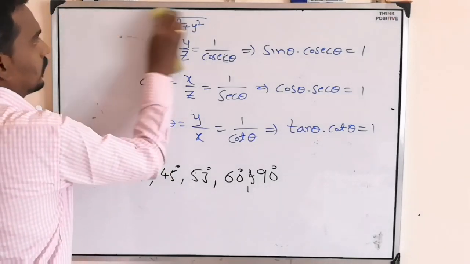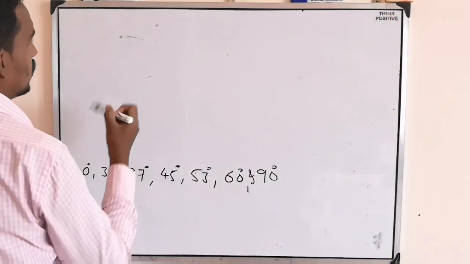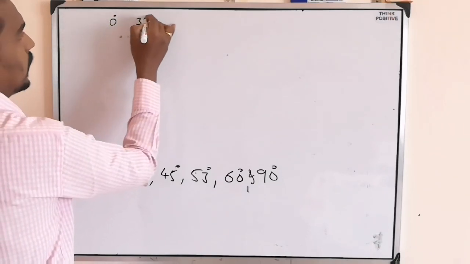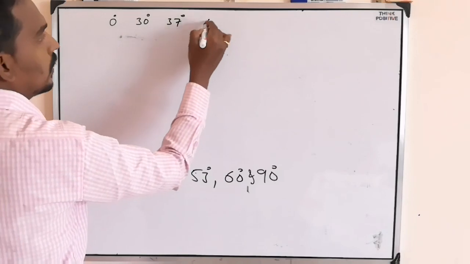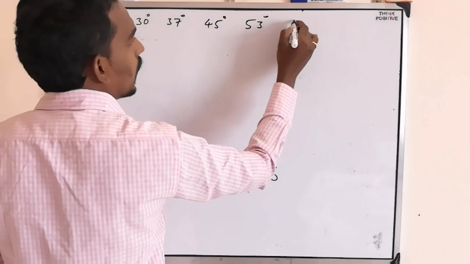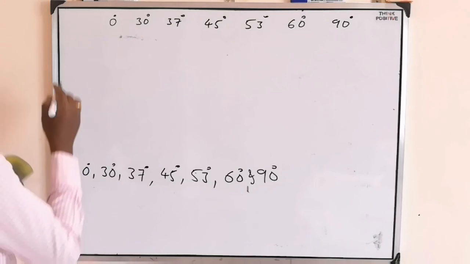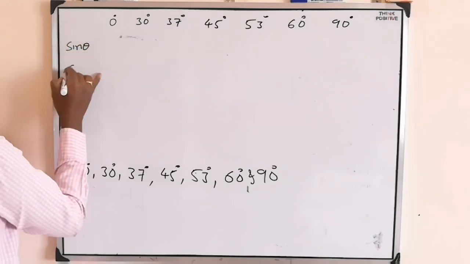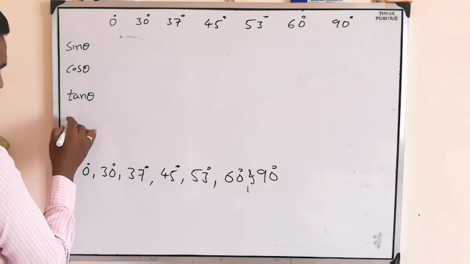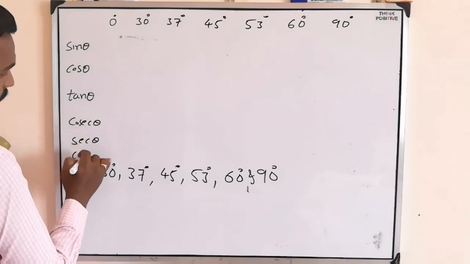Now if you take that table, here 0 degree, 30 degree, 37 degree, 45 degree, 53 degree, 60 degree and 90 degrees. Here the functions are sin theta, cos theta, tan theta and cosecant theta, secant theta, cot theta.